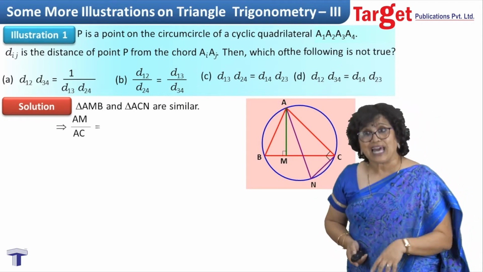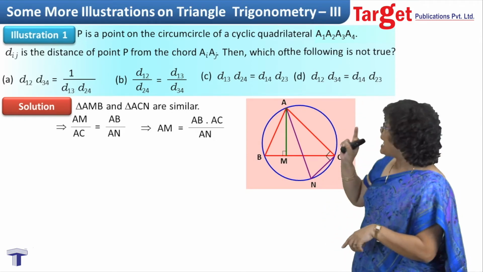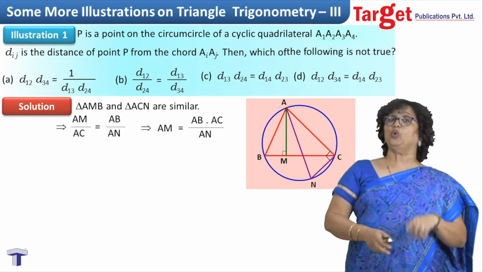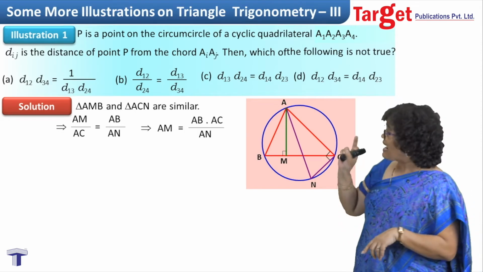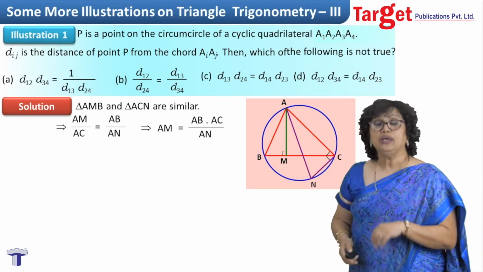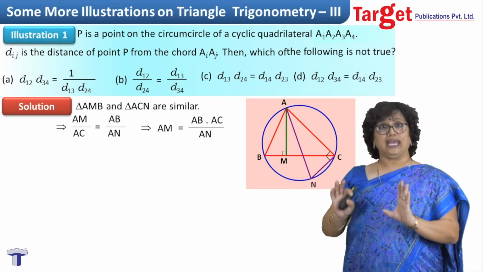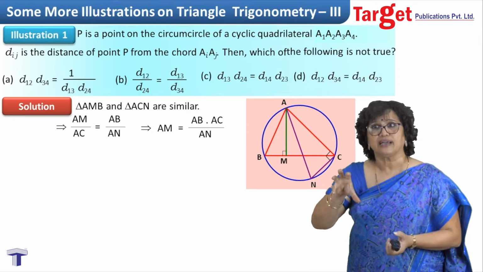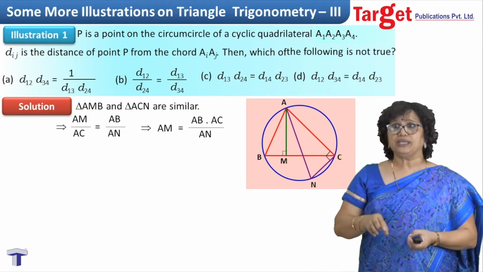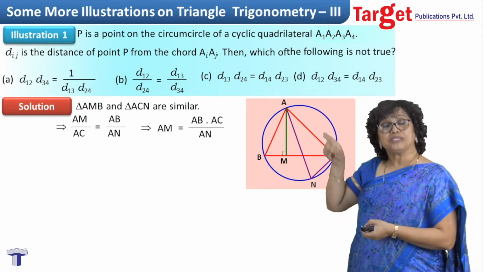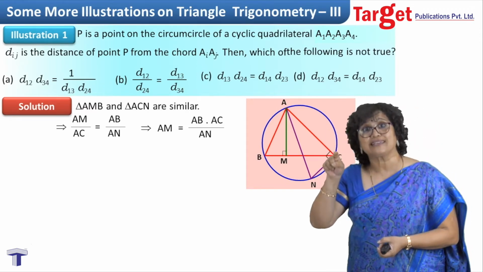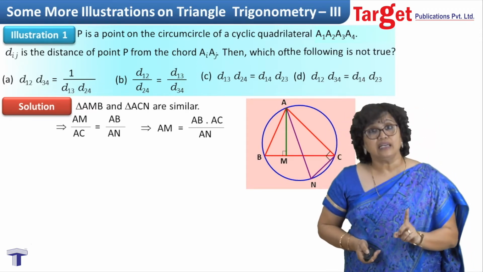Now, using similarity, I can write AM upon AC equal to AB upon AN. And that leads to AM equal to AB into AC upon AN. Now, this is the crux of the thing. AM is the altitude, AB and AC are the 2 sides starting from vertex A, and AN is the diameter.